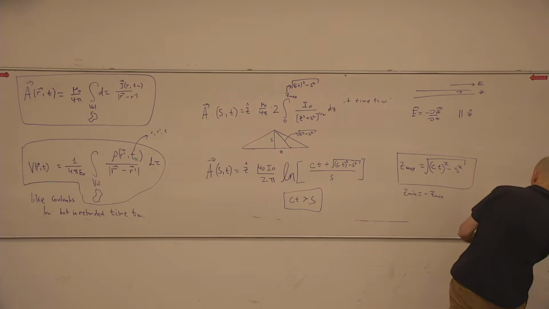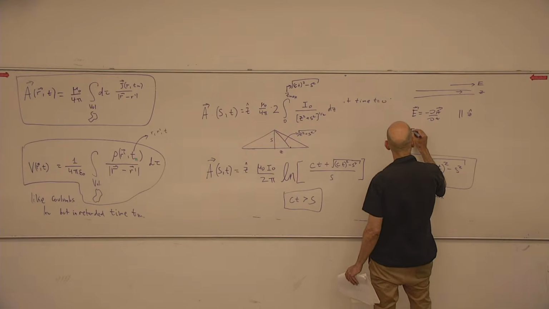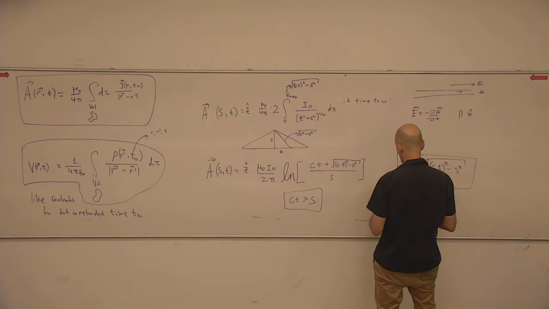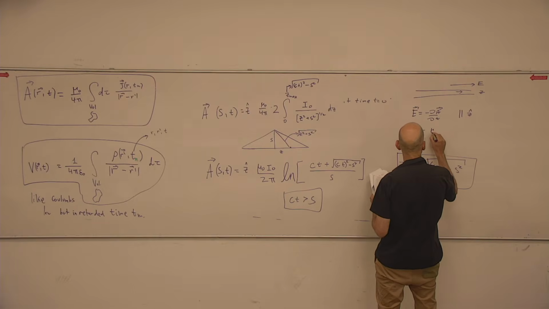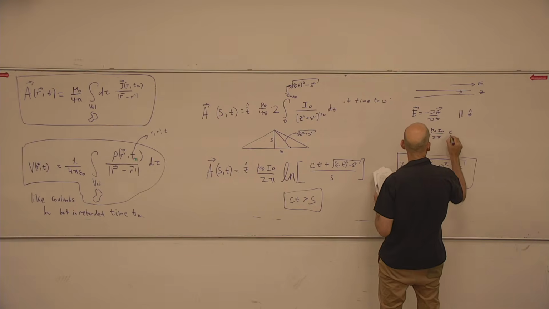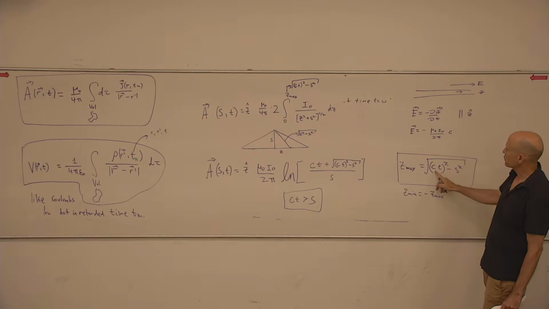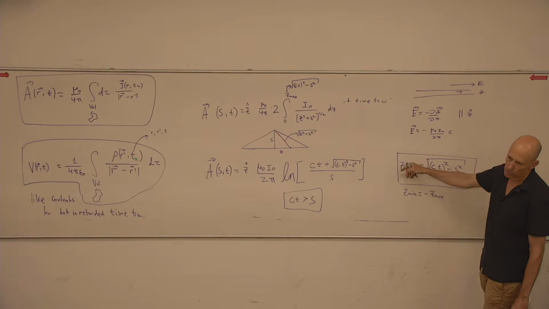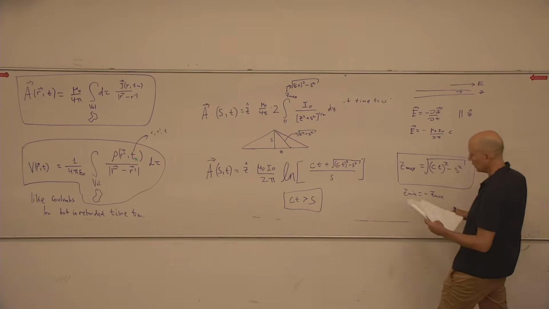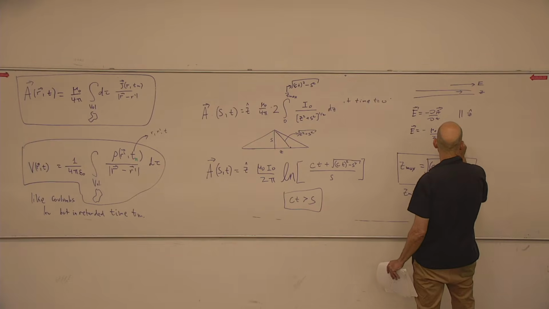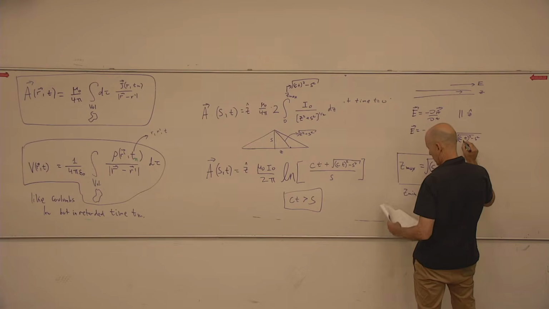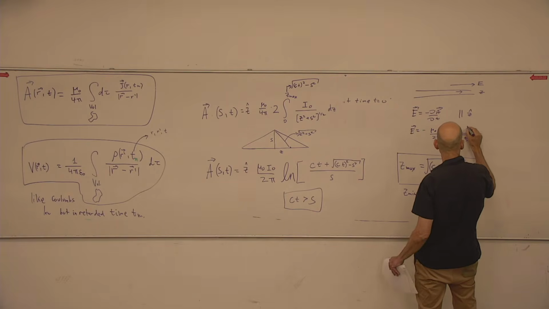And this E is given by this nice equation: minus mu0 I0 over 2 pi, then there is a c, because when you take the time derivative in such an expression, you get out a c, because it's always ct, divided by the square root of ct squared minus s squared, in the z direction.